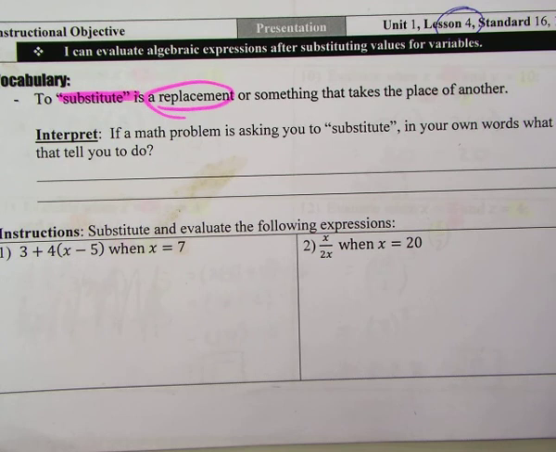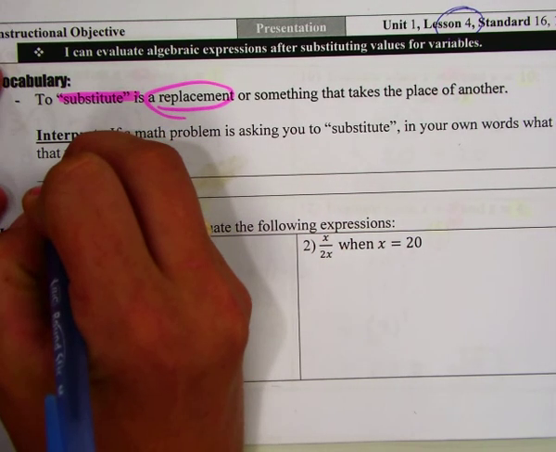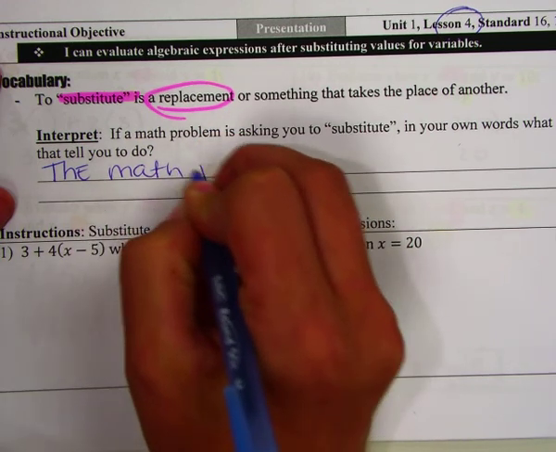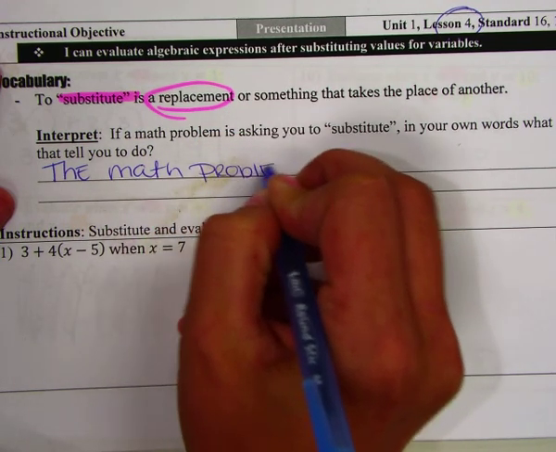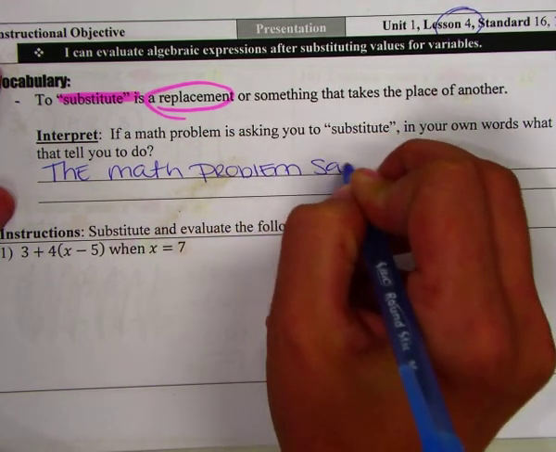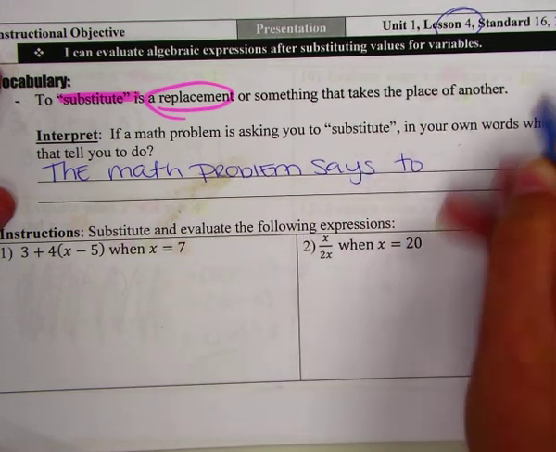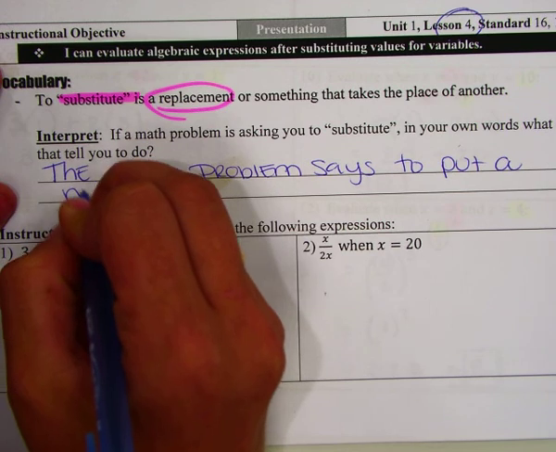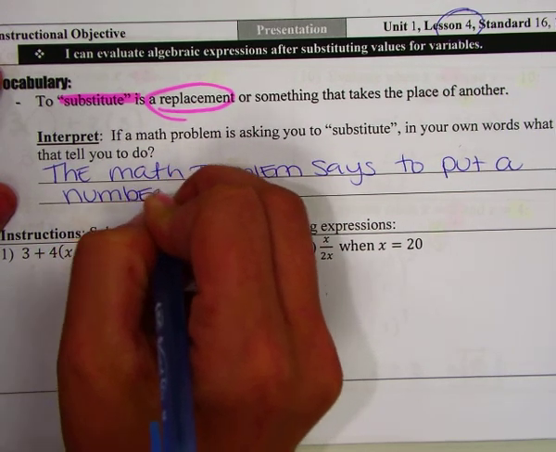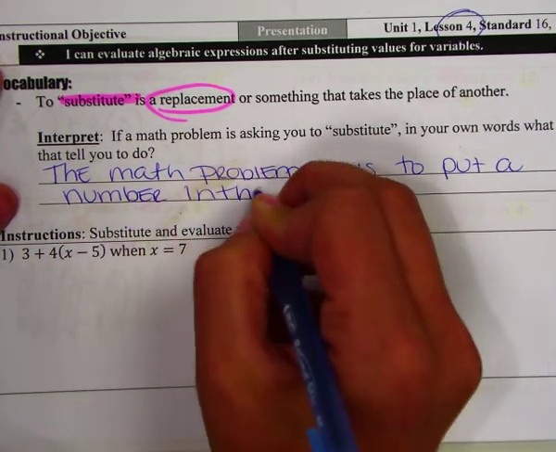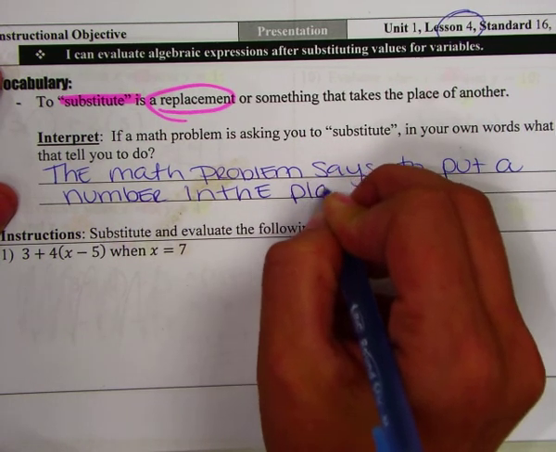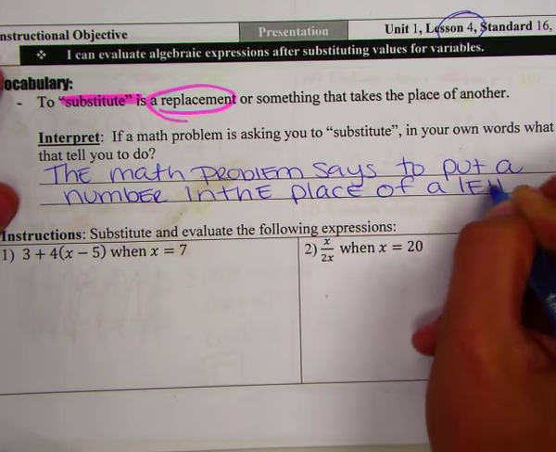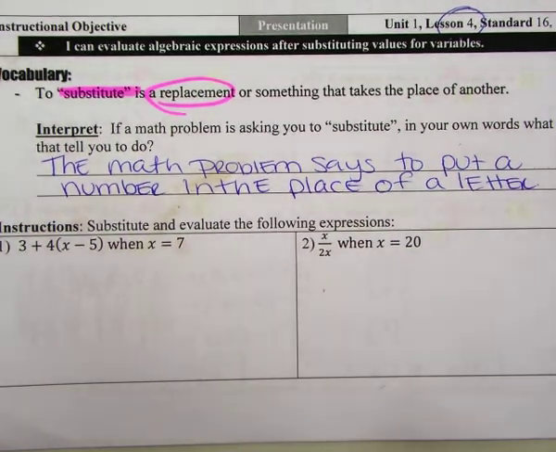If it was my own words, I would say the math problem says to put a number in the place of a letter. That would be my translation.